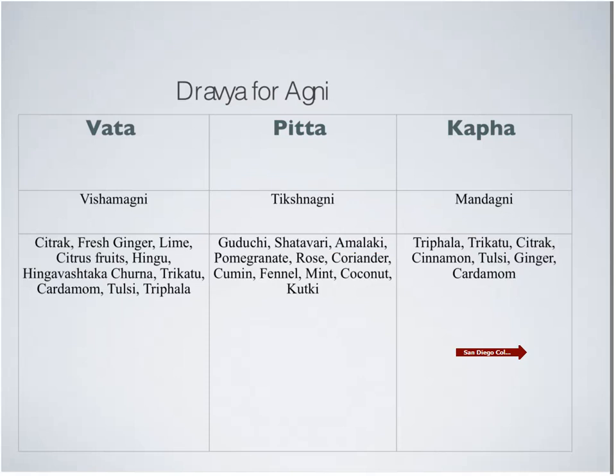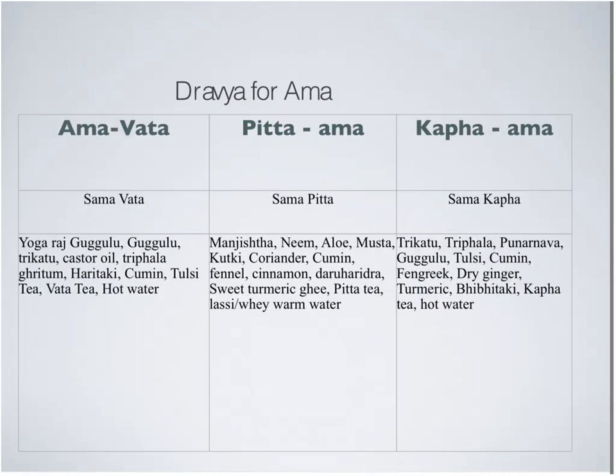I would give you some herbs, and make sure that things like coriander, cumin, fennel, pomegranate, mint, coconut are part of your diet. But yes, you want to take your herbs in the kapha time and the vata time. Now, this is very, very important. I'm just giving you a very small overview here.